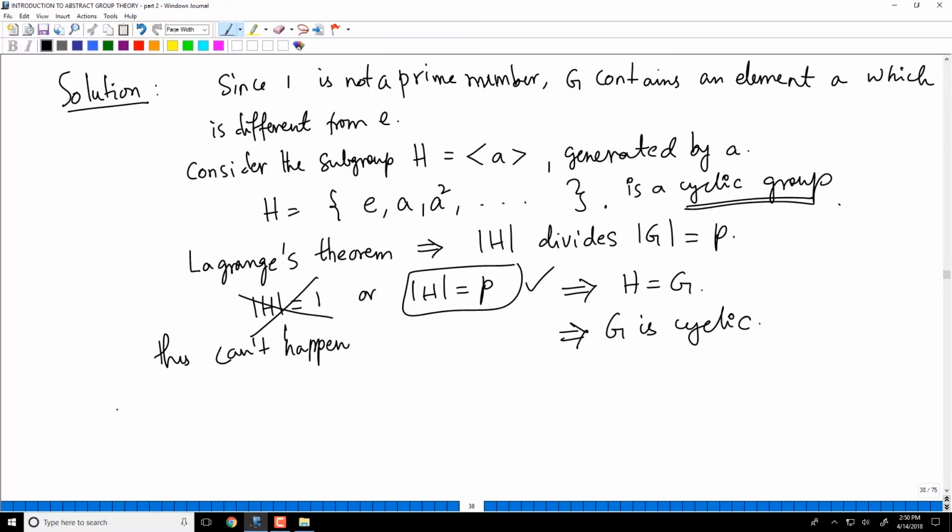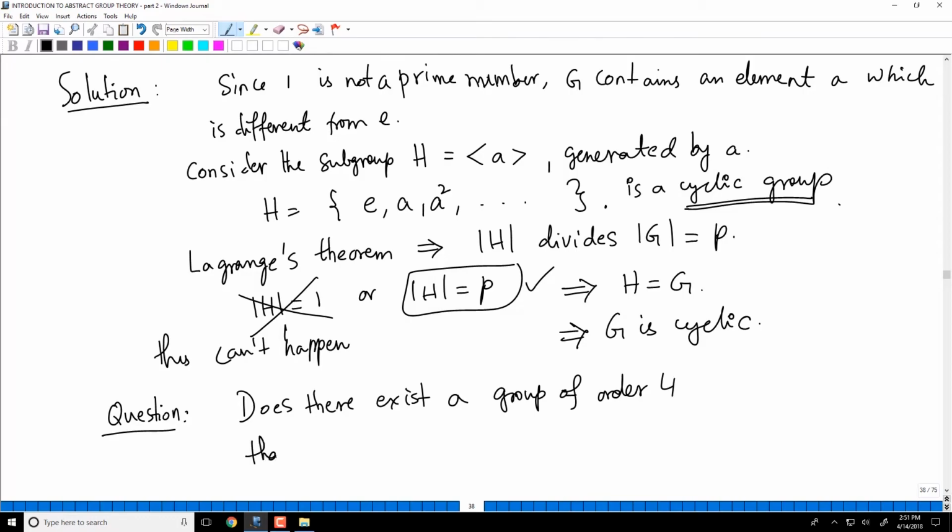You might wonder, what about groups that are not of prime order? Does there exist a group of order 4 that is not cyclic? See, 4 is not a prime number, so the problem here has nothing to say about a group of order 4.